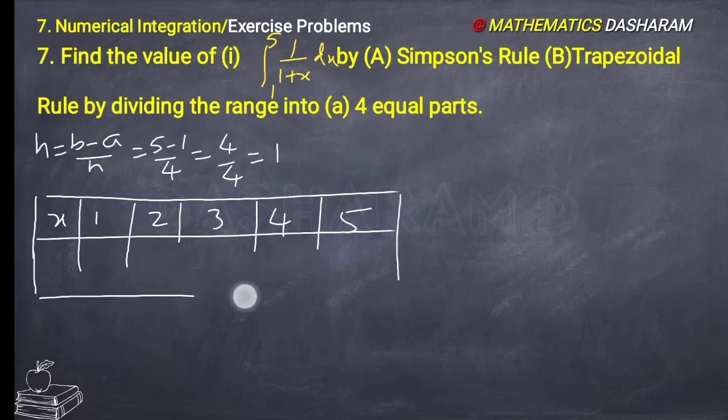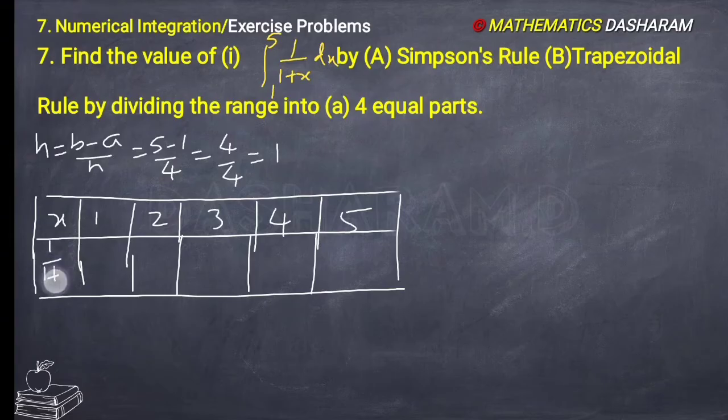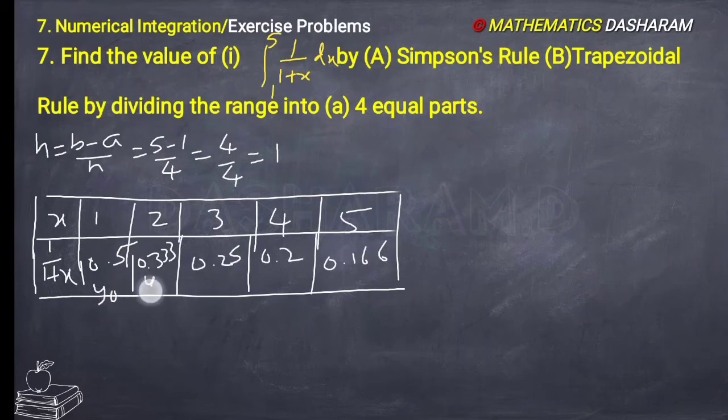Next y equals the given function. The given function is 1 by 1 plus x. So when the x value is 1, then 1 by 1 plus x value is 0.5. Next when x value is 2, so here 0.333. Next, this is y0, y1, y2, y3 and here is y4.